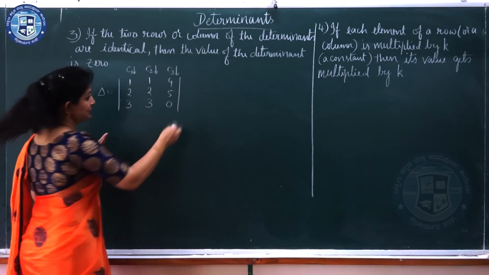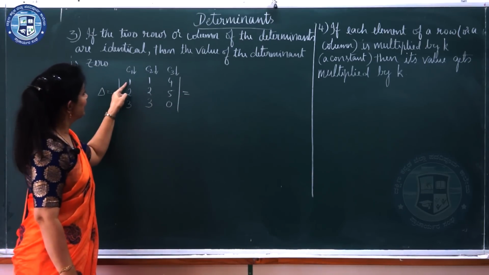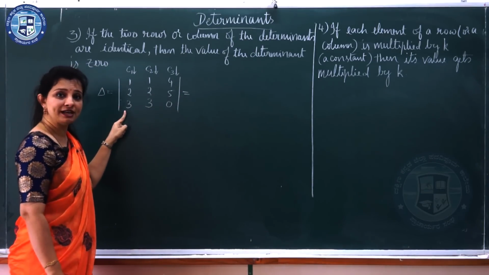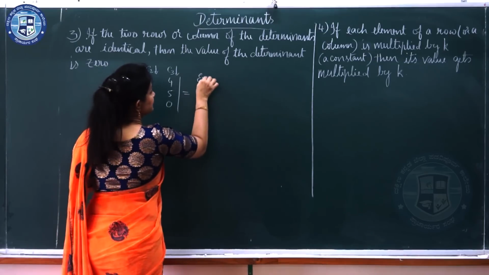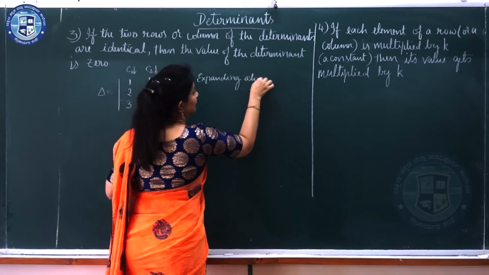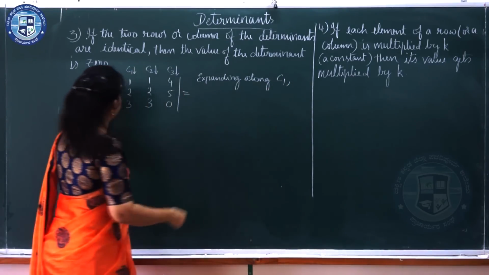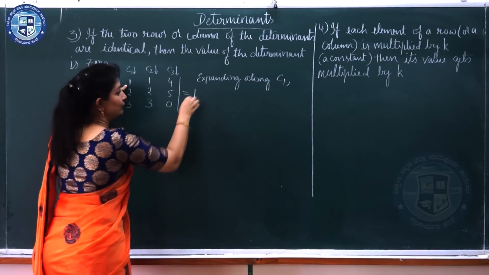So according to the property, if you expand this, you will get to know what this value is. Look at this, expanding along the first column C1, we get 1 into this.